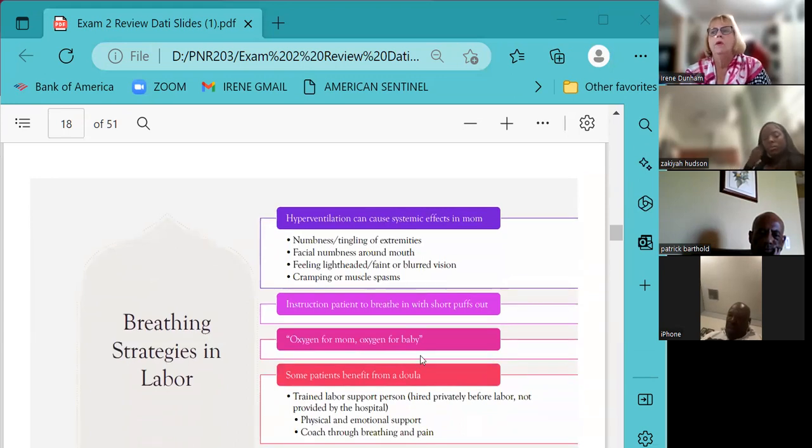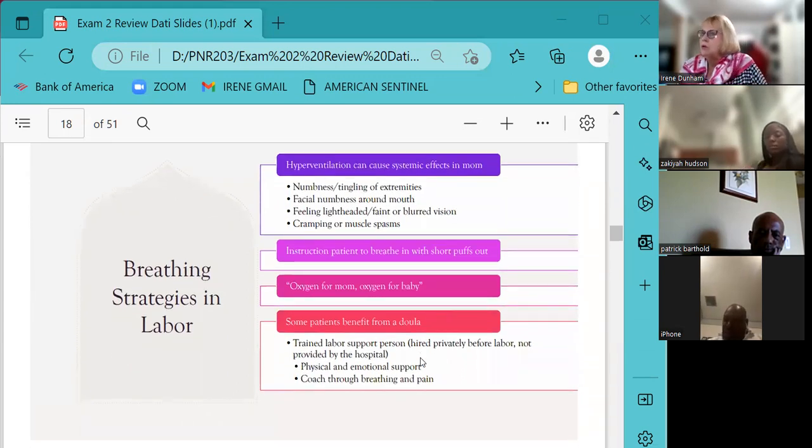All right, we kind of went over the breathing already, but I just want to go again, make sure you got this down pat, because you might see this again. Hyperventilation we always want to avoid. Because I told you, numbness, tingling of the extremities, especially around the mouth. I've seen a lot of that. Lightheaded, usually when they say, gee, I'm feeling funny, nurse. And I've been trying to coach her breathing, and she's been breathing very fast.